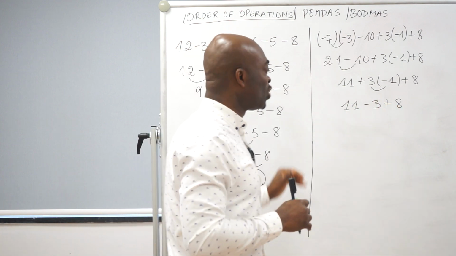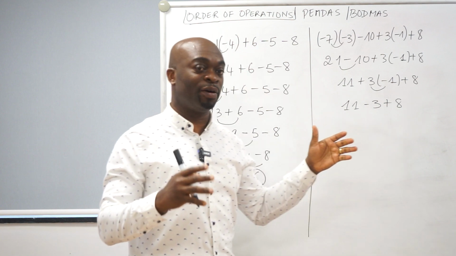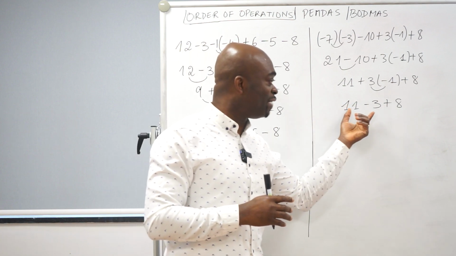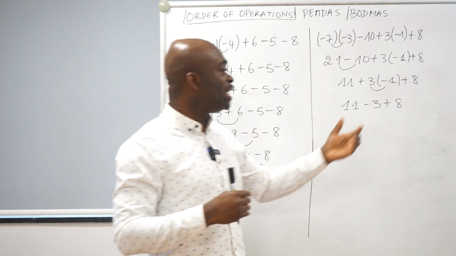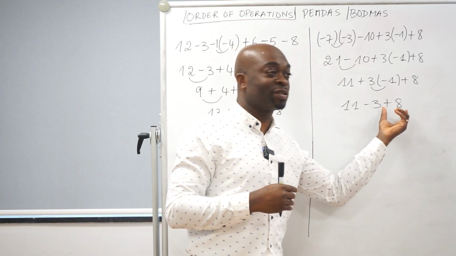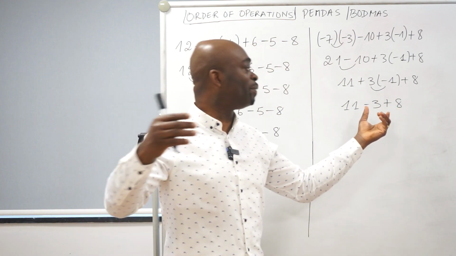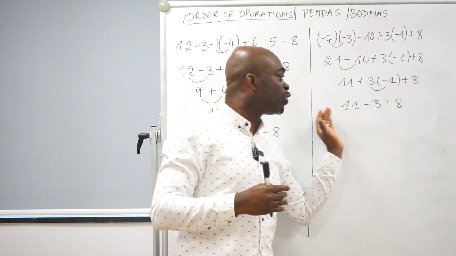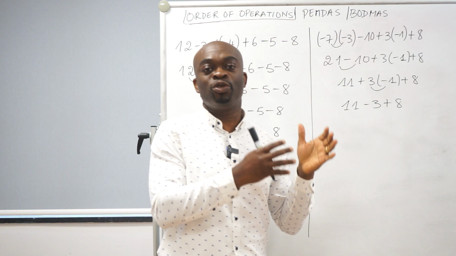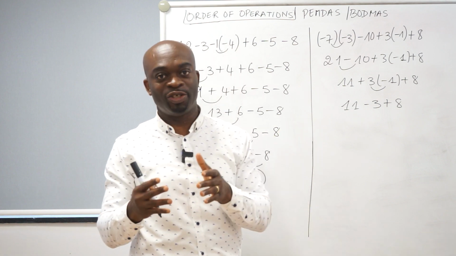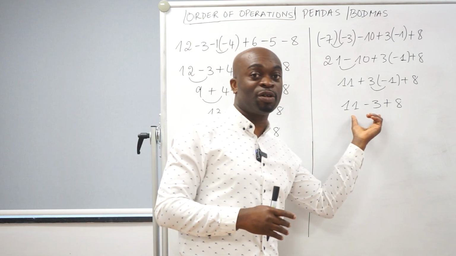So we have 11. So now we're going from the left to the right. So you see now, we're going from the left to the right. We have 11 minus 3, correct? So we can do that. Even though we have -3 plus 8, that we can choose to do as well. But we can do this if we're going from the left to the right. What does the exception of the rule say? You can do subtraction before addition. Between these two, it's a subtraction.